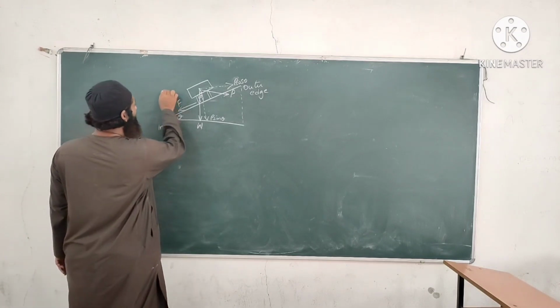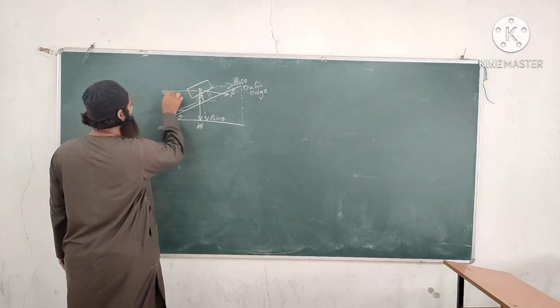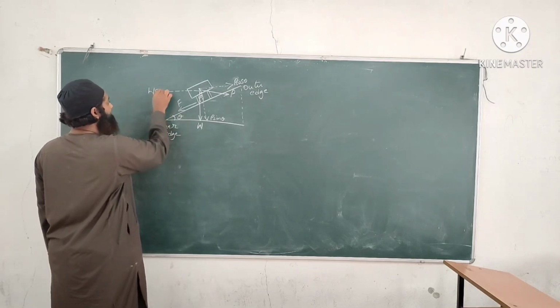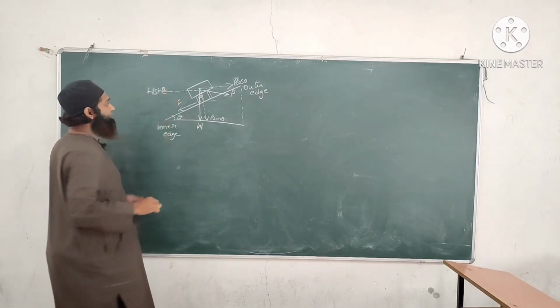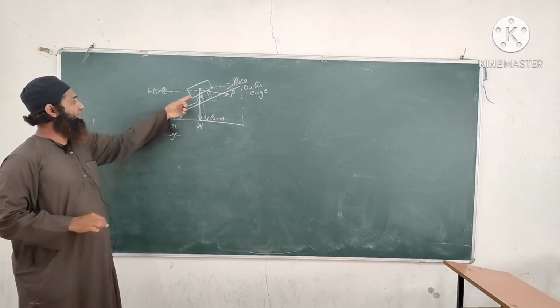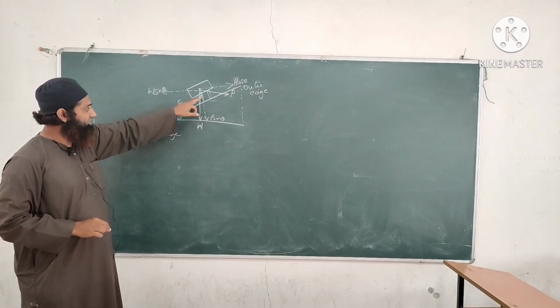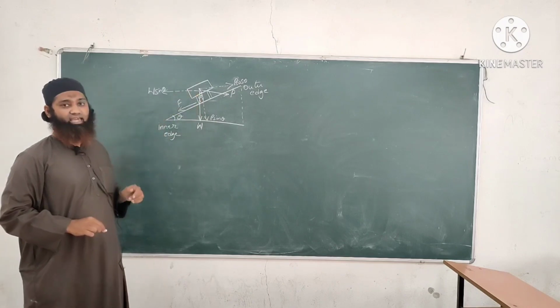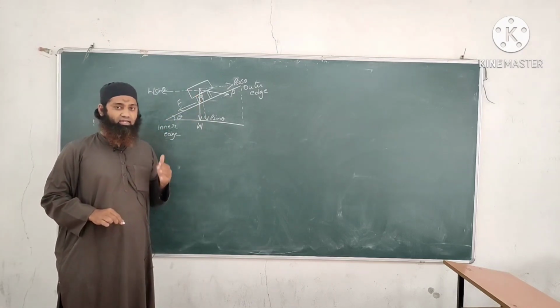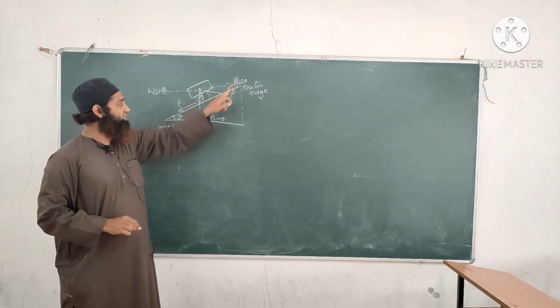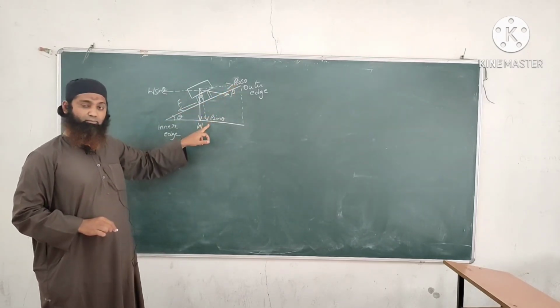You can see here this force W in the x direction is W sin theta. Now don't get confused here. Why am I getting W sin theta? You can see this angle is being formed with the y axis. If the angle is formed with the x axis, in the x direction you will get P cos theta, and in the y direction you will get P sin theta.